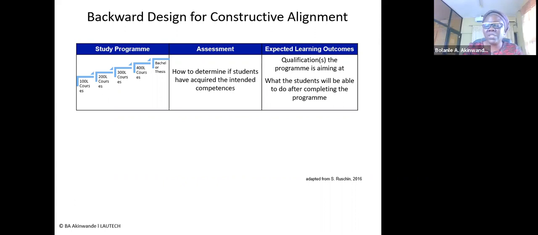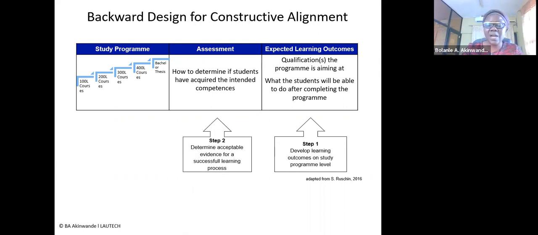So thinking backward now, the first thing that has to be done, and that is step one, is to develop learning outcomes on study program level. The key word here is program. At program level, learning outcomes must be developed. And also step two is to be able to determine acceptable evidence for a successful learning process.